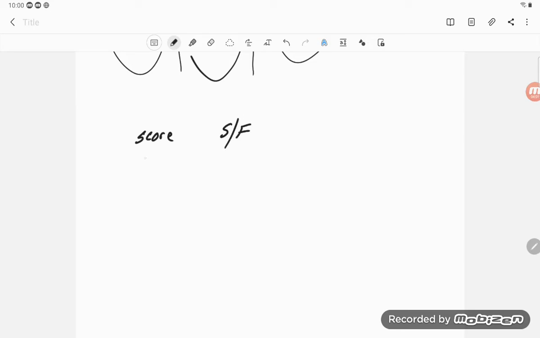So you might have a 1, a 1.5, a 2.1, and so forth. And that success or failure might be a 0, might be a 1, and then a 0, and then a 1, and those kinds of things.